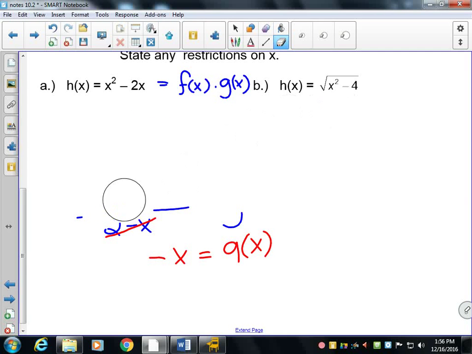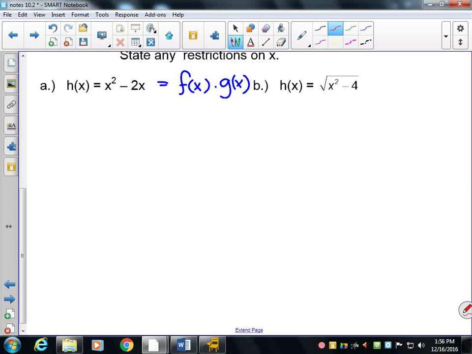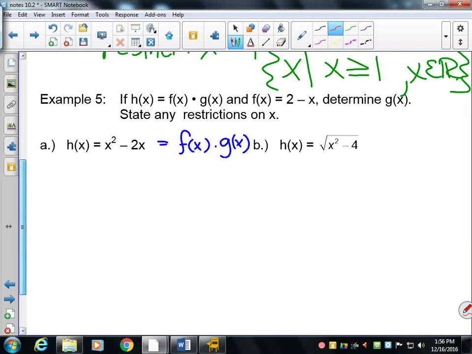We know f of x is 2 minus x, and we want to know h of x is equal to the square root of x squared minus 4, and that's equal to f of x times g of x, right? We can put an f of x in, right?